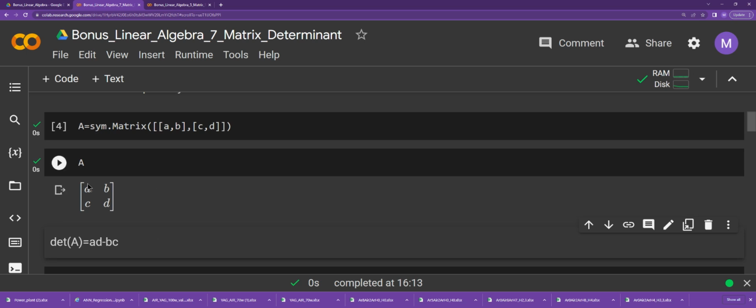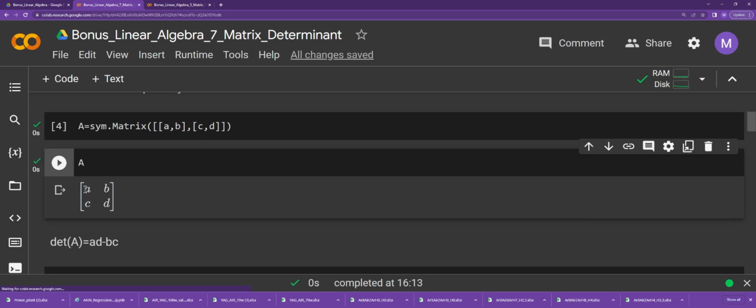Now, when you get a very simple matrix, like a 2 by 2 matrix, it's very easy to calculate the determinant. So you have A, B, C, D, and it's very important that you pay attention to the position of these elements in the matrix, okay?